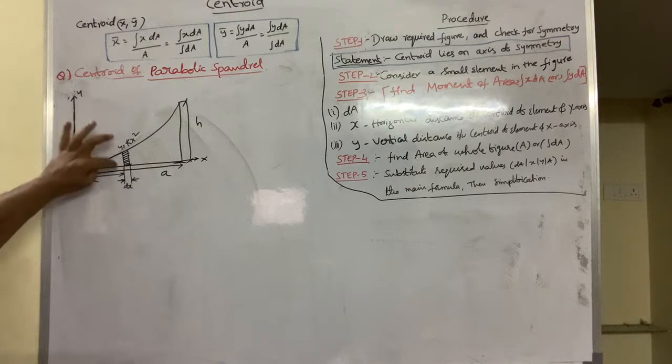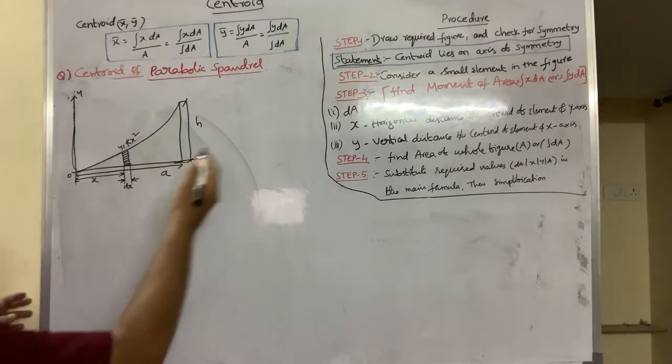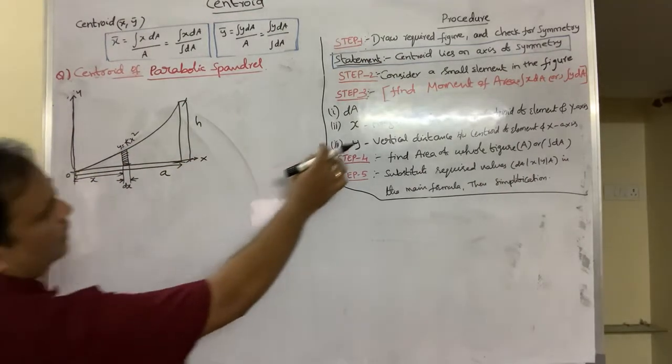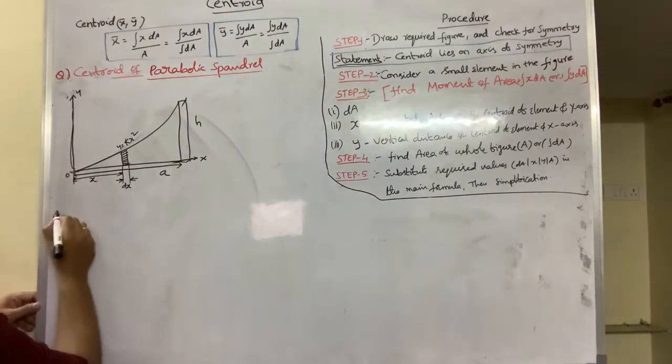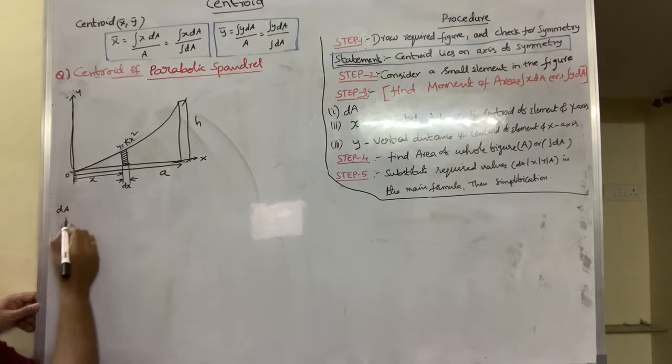After knowing length and breadth, we can easily find the dA value. That is step 3, finding the dA value.